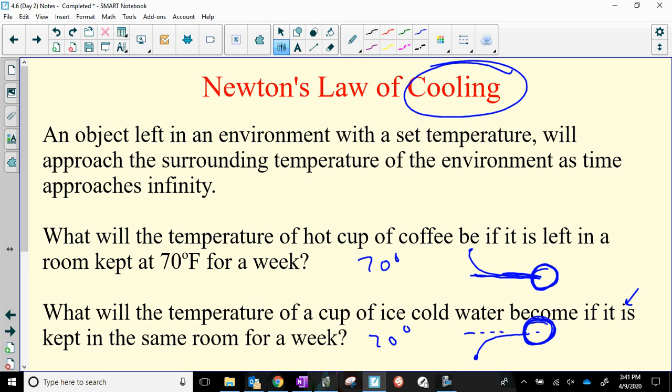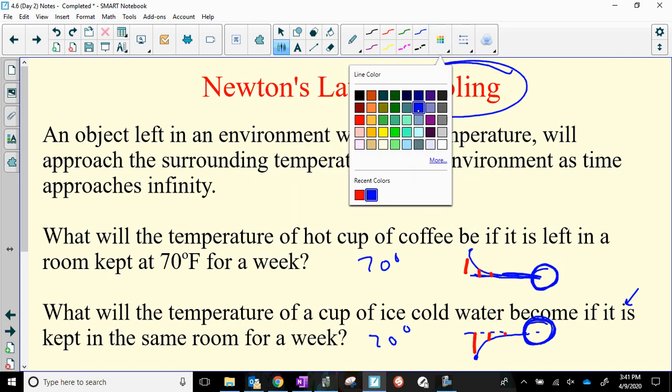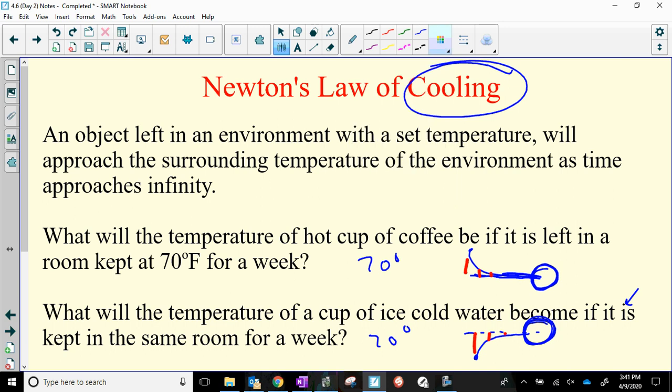So the distance between the item and the room is getting smaller and smaller and smaller. So that feels like a negative k, which kind of goes more with cooling than the word heating. That's why it's minus.